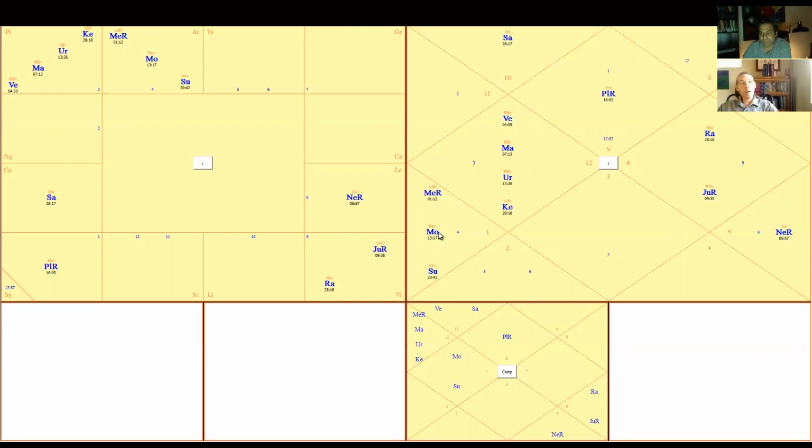I use Tajika orbs: Sun has a 15-degree orb, Moon 12, Mars 8, Mercury and Venus 7, Jupiter and Saturn 8. So Neptune is within 15 degrees of Sun, within 12 degrees of Moon, and within 7 degrees of Mercury. So Neptune is aspecting all 3 of these planets that made him a doctor.